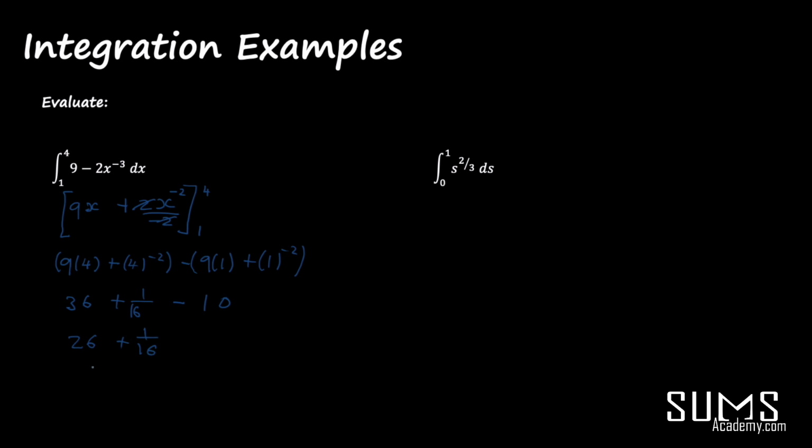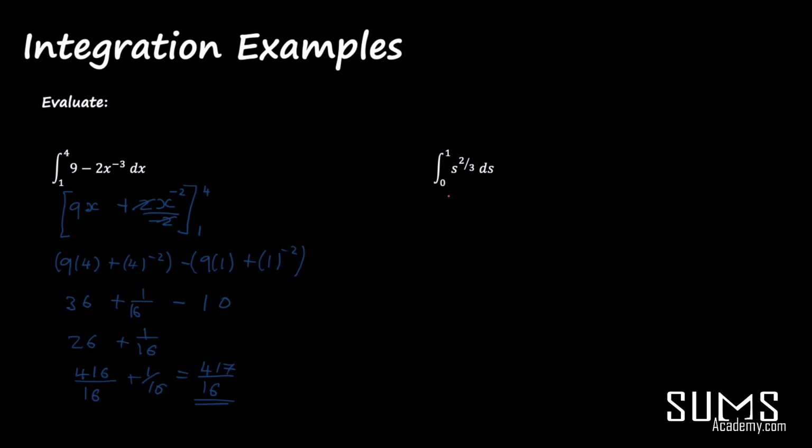So what you can do is you can times 26 by 16, which would give you 416 over 16 plus 1 over 16 equals 417 over 16. That's your answer. On to the next question.